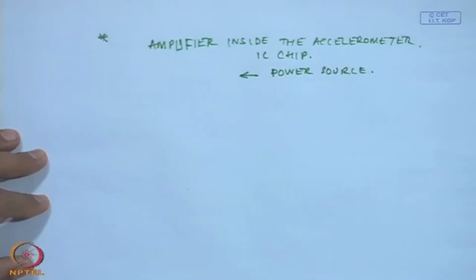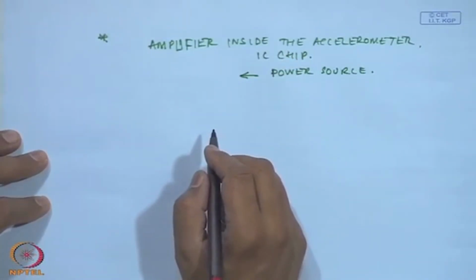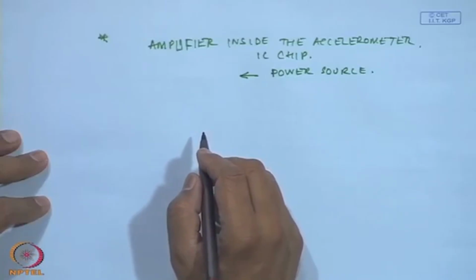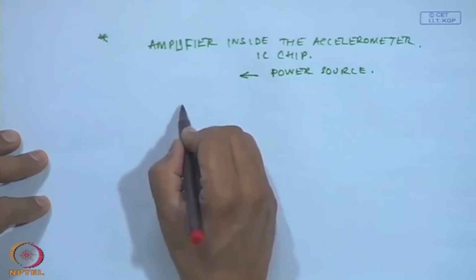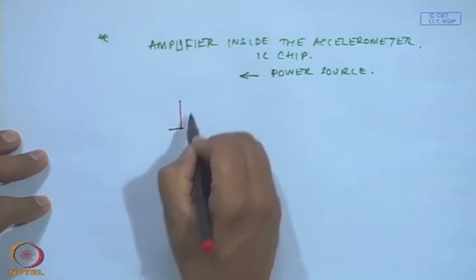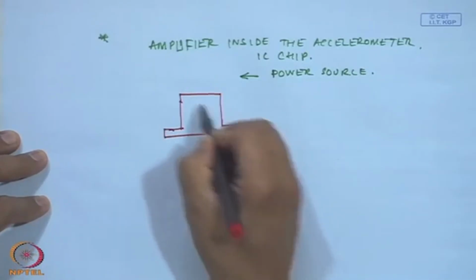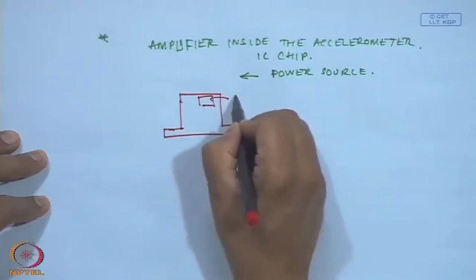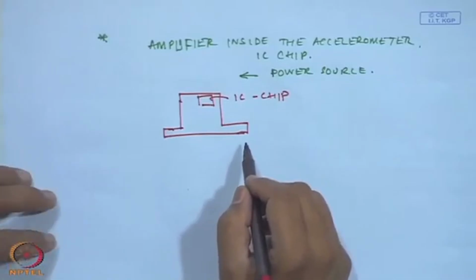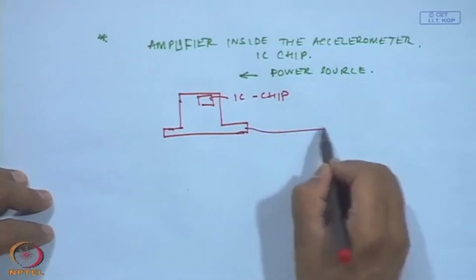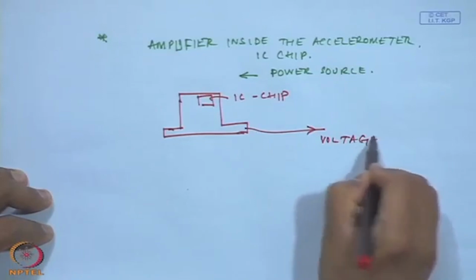Once such accelerometers are there, then what we can do is, this is the same accelerometer, but the IC chip is installed inside the accelerometer, and all you have to do is just take a cable, and this is a voltage output source.